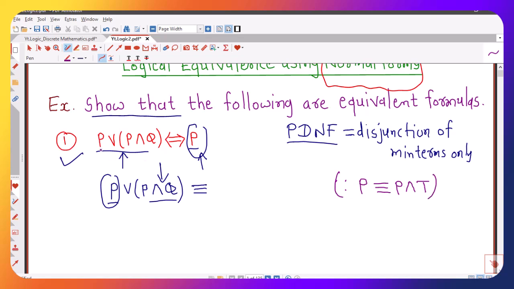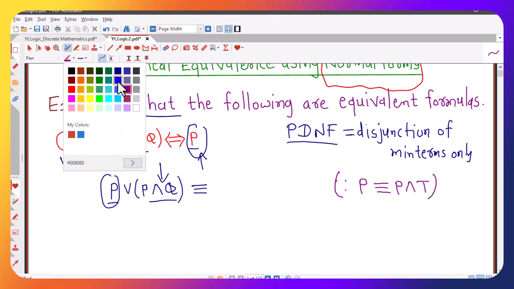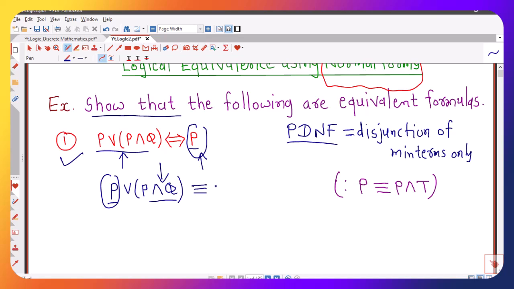So using this, first we write this P as P and T, and we will keep this as it is. This is one min term. Now here Q is missing, and we know that T is always logically equivalent to Q or its negation.